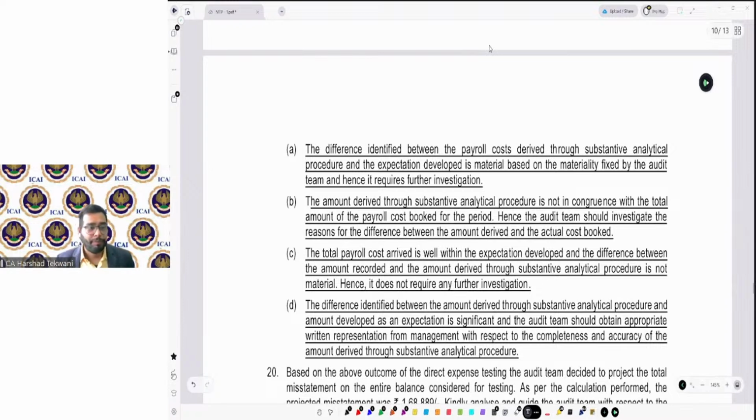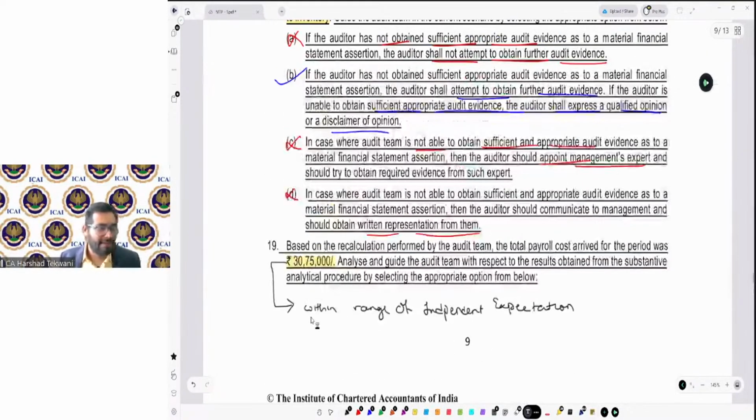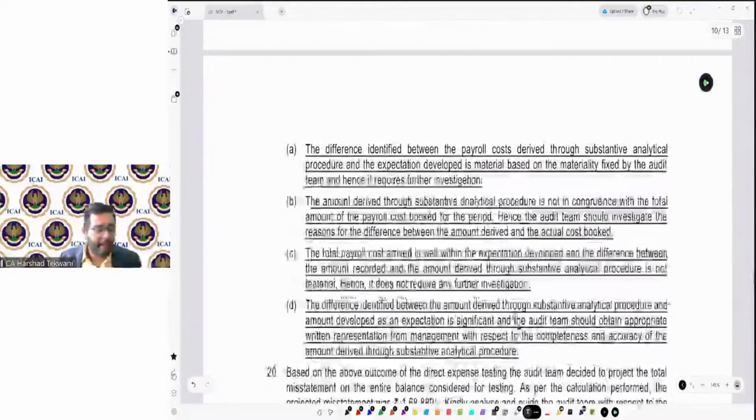Correct, Janvi. Very good. Because it is well within the range itself. I told you, when we discussed earlier, it was within the range of independent expectation. If that is within the range of independent expectation, then why would I say that it's not within the range and requires further investigation?